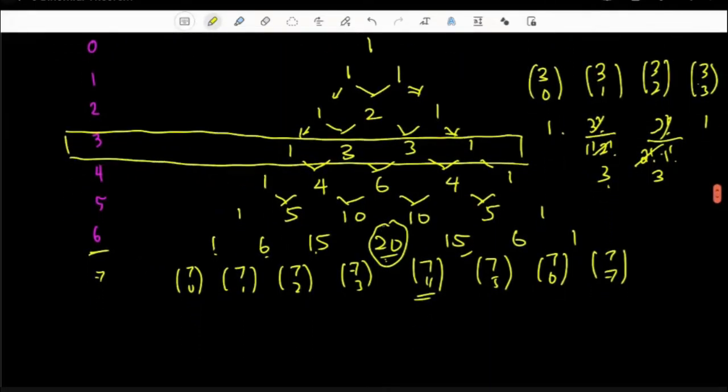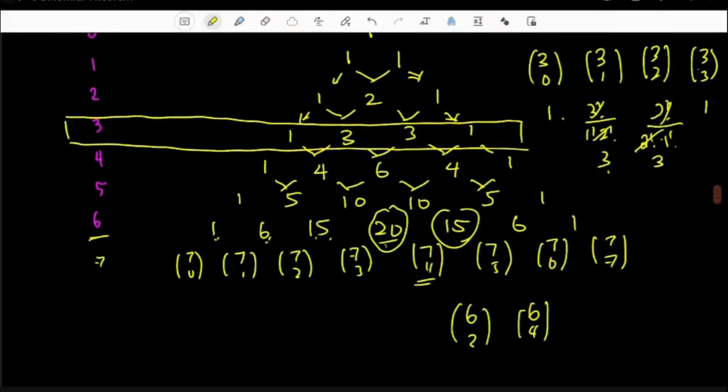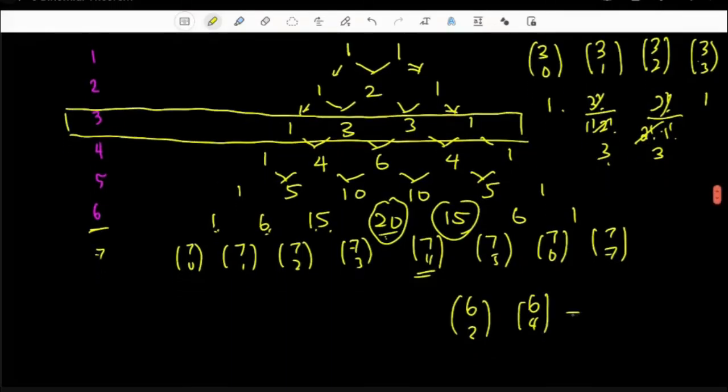On the other hand, 15 is 0, 1, 2, 3, 4, 6 taken 4. So what does Pascal's rule tell us? 6 taken 3 plus 6 taken 4 is equal to add 1 on top, 7, get the bigger one, 4. So this is actually 7 taken 4, which is this one.